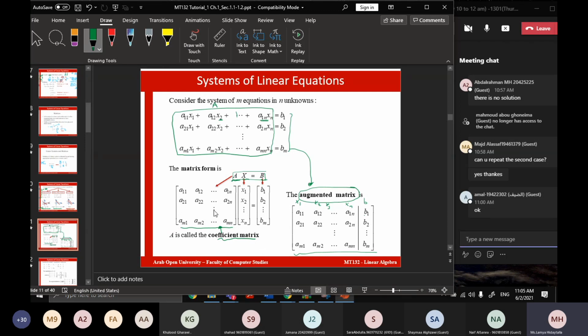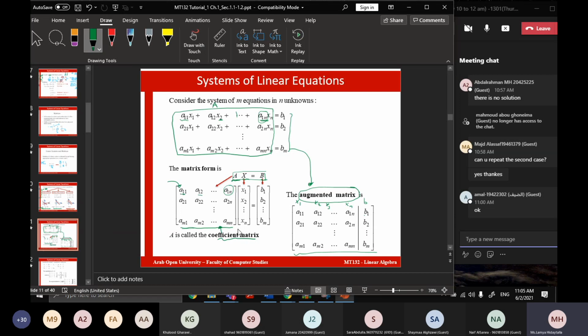The coefficients of the variables are what? A11, A12, and so on until the last, A1n, correct? And then you do the same for the others. So this we call the coefficient matrix. It consists of the coefficients of the variables arranged and organized in this matrix.